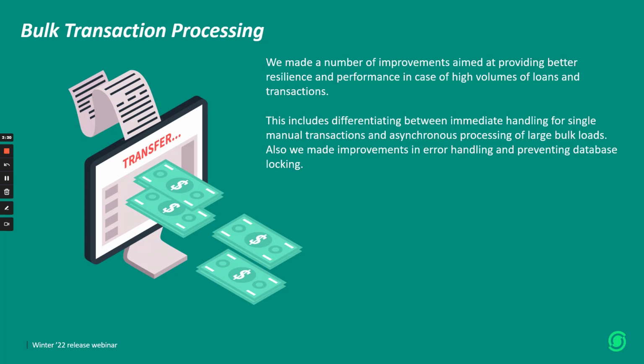So we've made a number of improvements aimed at providing better resilience and performance in case of high volumes of loans and transactions. Some examples of this are differentiating between immediate handling for single manual transactions and asynchronous processing for large bulk loads. We also made some improvements in error handling and preventing database locking on the Salesforce platform.